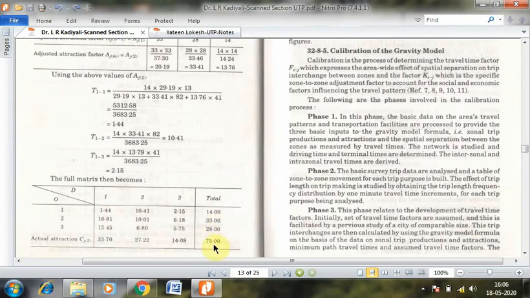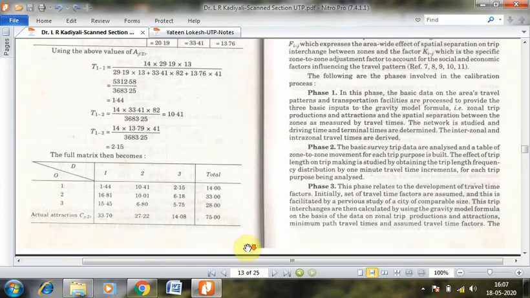Sum of all these is 75. Again, sum of all these is 75. If you see, it still doesn't match, there's a lot of difference between 33.7 and 14. Similarly, 27.22 and 33, though the sum total is the same. That is what we are expected to do here.